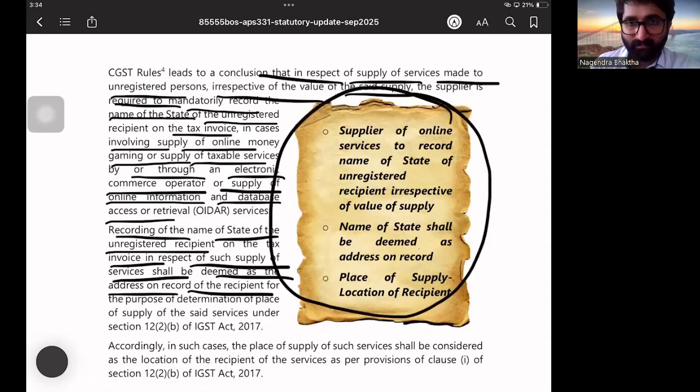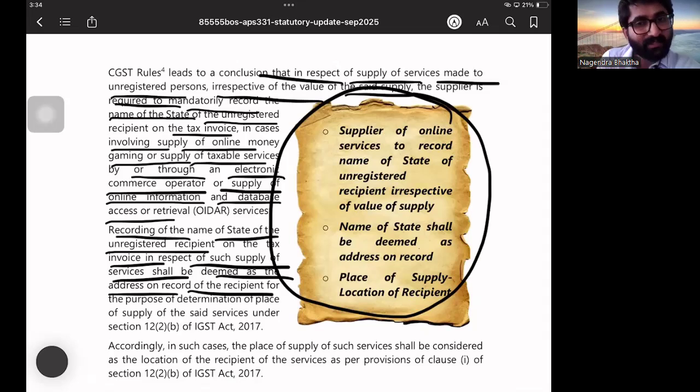Very simple. It is given in the summary. You have to remember this now. First, the case is where the online service provider is giving services to an unregistered person. The supplier is required to put the state of the unregistered person in the invoice.